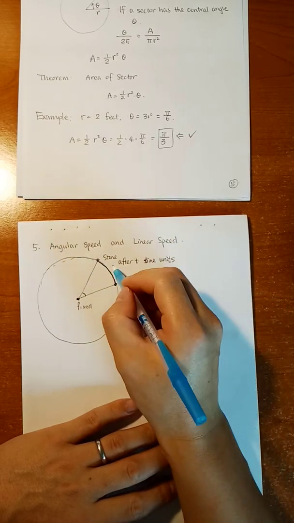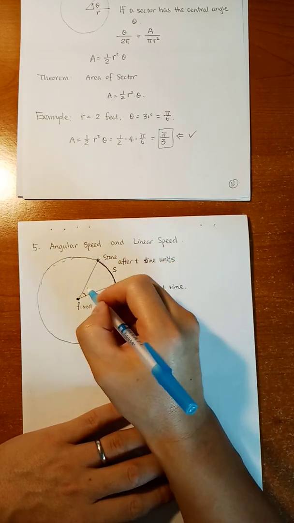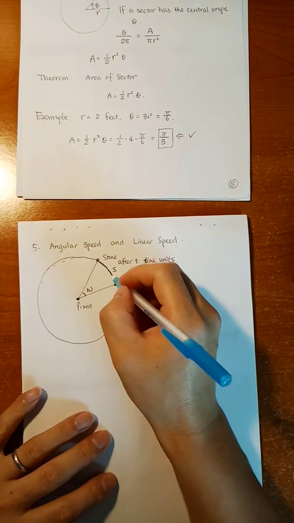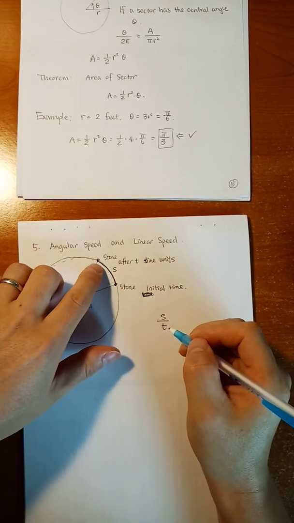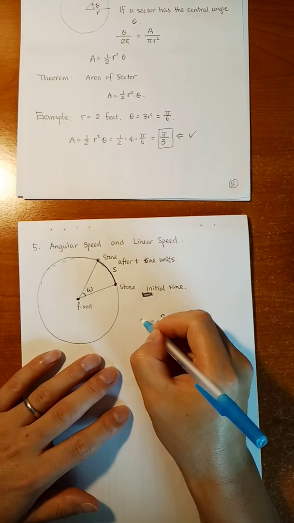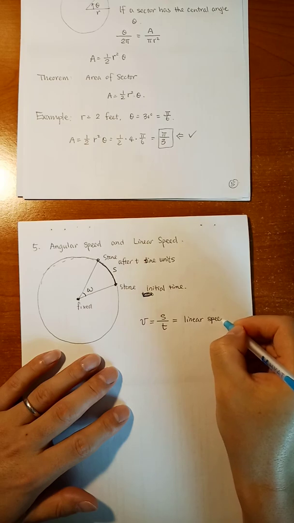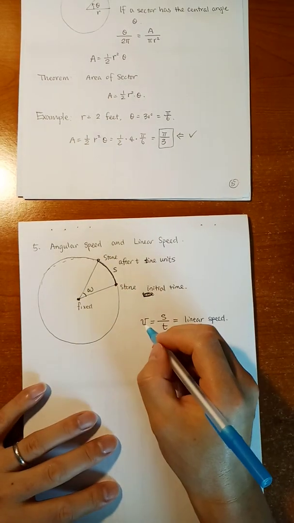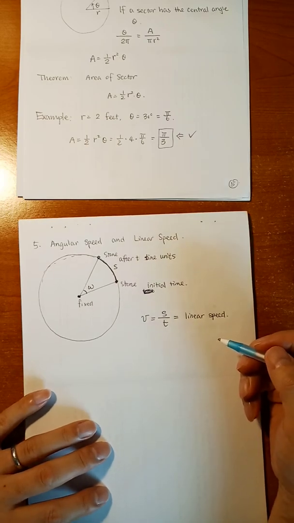After t time units, the stone moves here, and then it passes a certain distance s, and s has a corresponding central angle. Okay, so if you use distance over time, it passes a distance s over the corresponding time. This is called the linear speed, because you use a distance over time. The arc length over time is defined to be the linear speed.